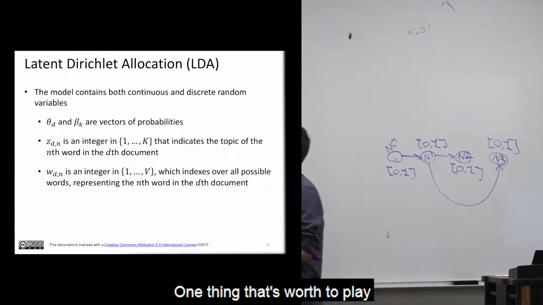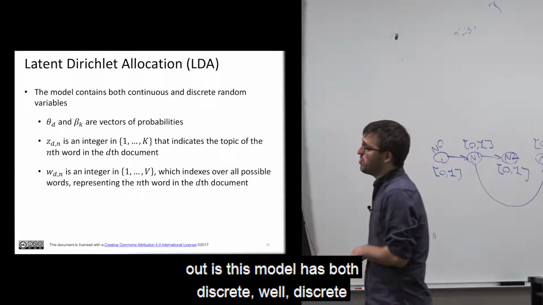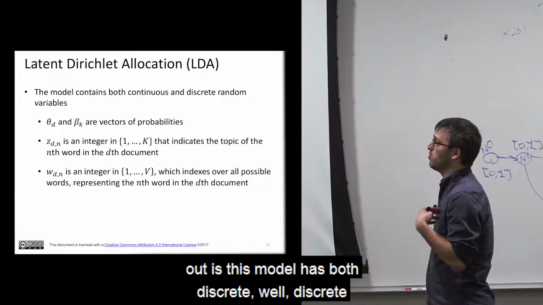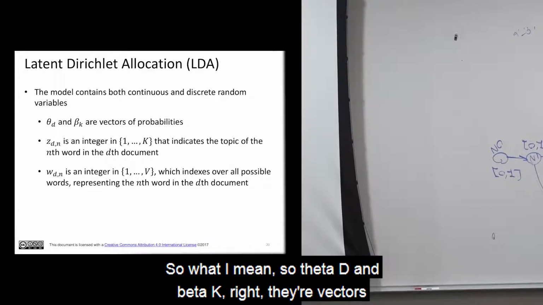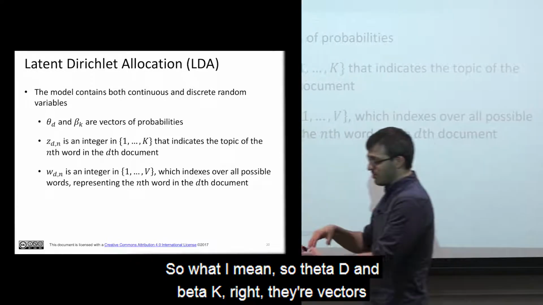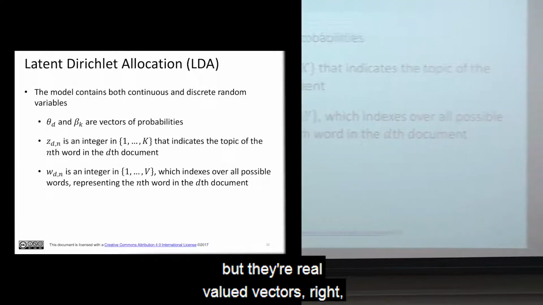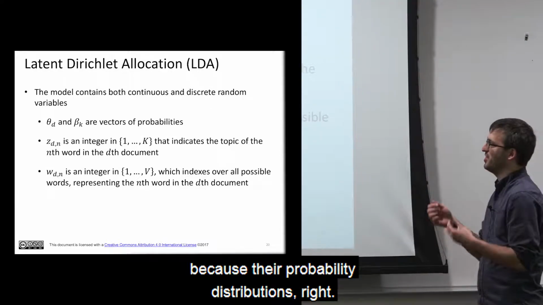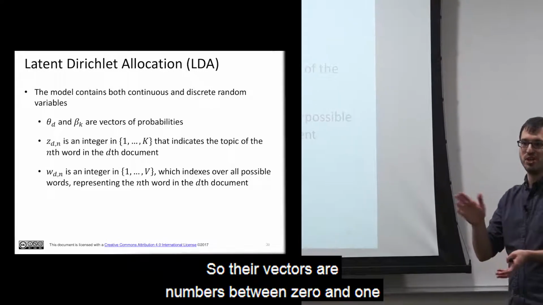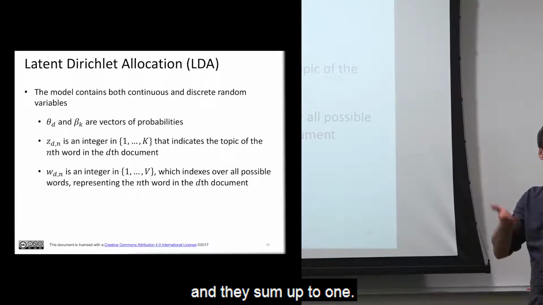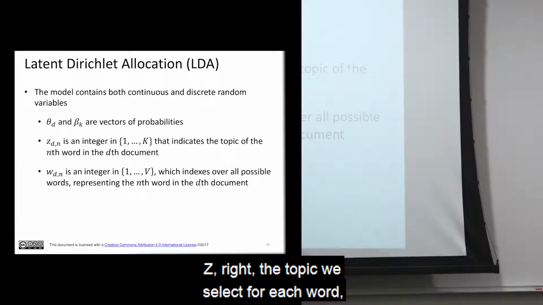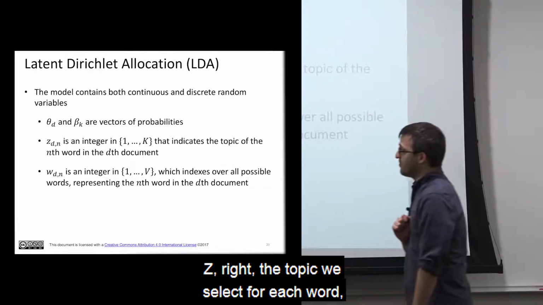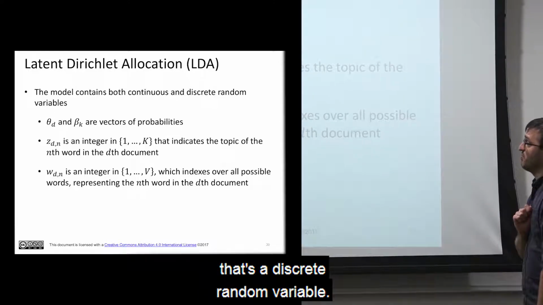One thing that's worth pointing out is this model has both discrete and continuous random variables. So what do I mean? Theta d and beta k are vectors, but they're real valued vectors, because they're probability distributions. So they're vectors of numbers between 0 and 1, and they sum up to 1. Z, the topic we select for each word, is a discrete random variable.